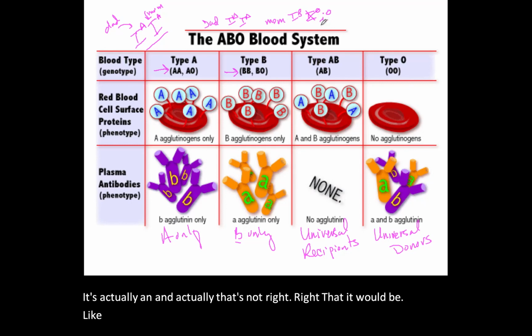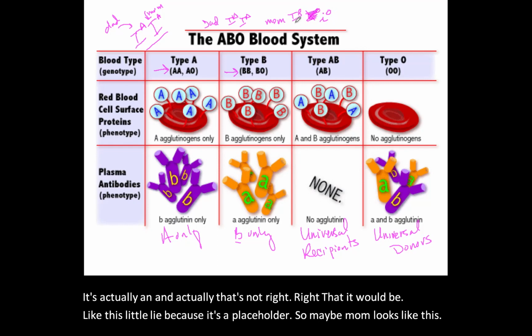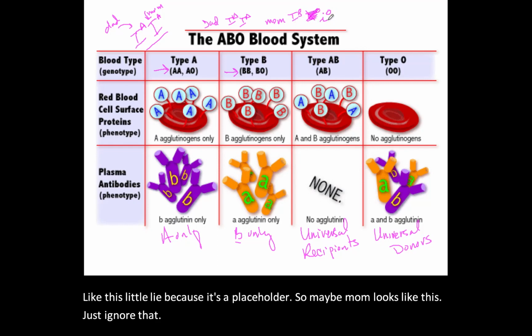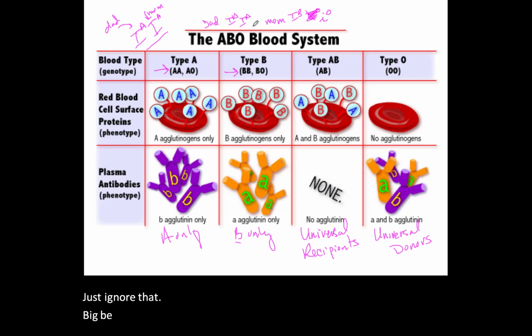Little i, because it's a placeholder. So maybe mom looks like this. Big B with an O. Well, if that's the case, dad is going to give the A, and if mom gives the O, you could still have a child that's A blood. Right?